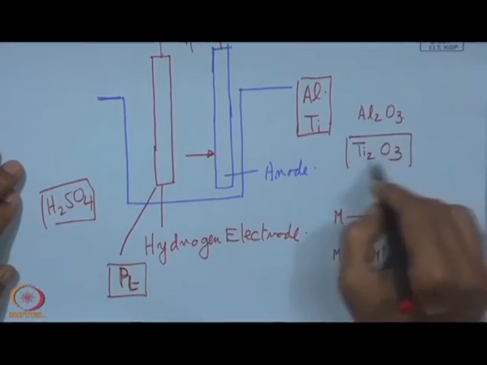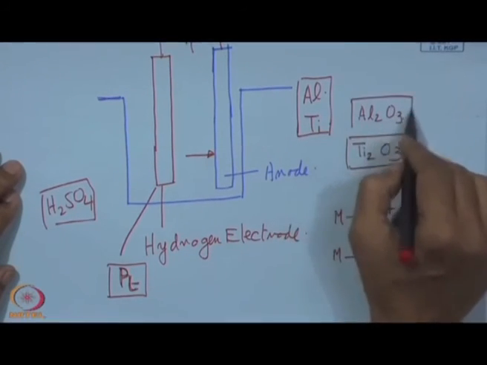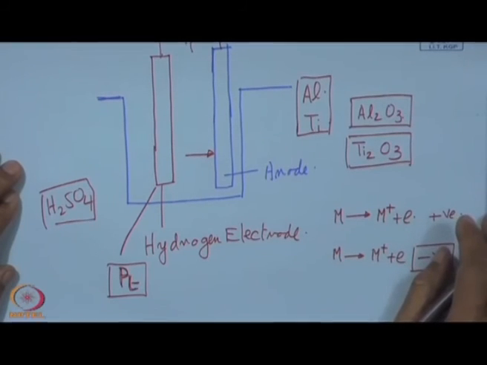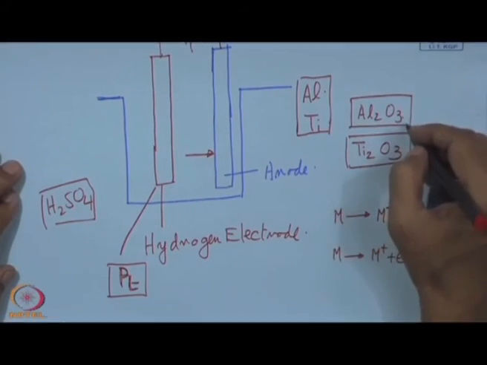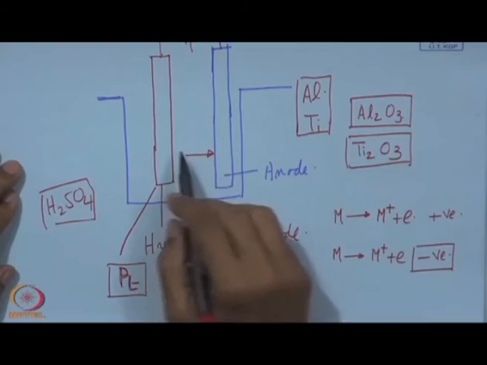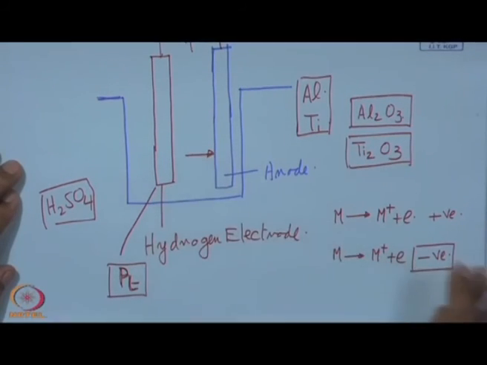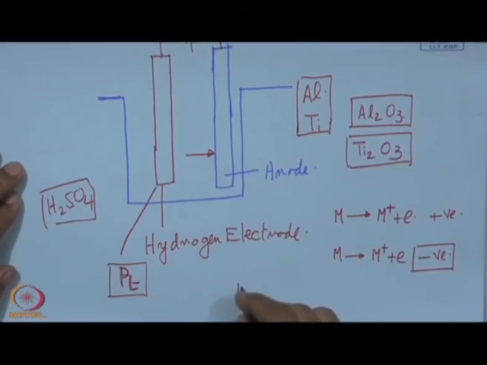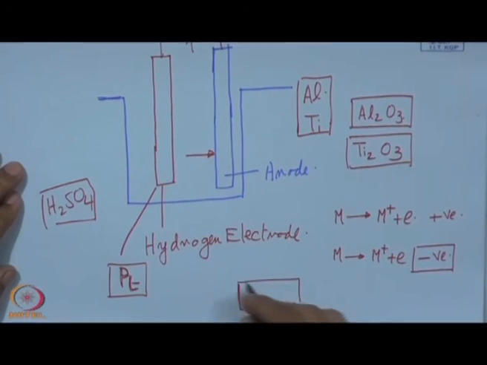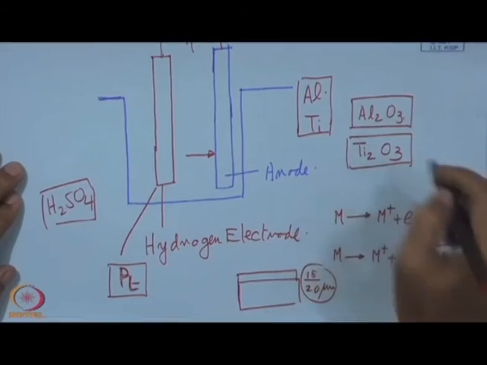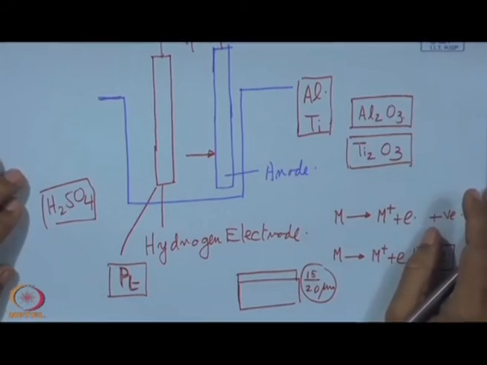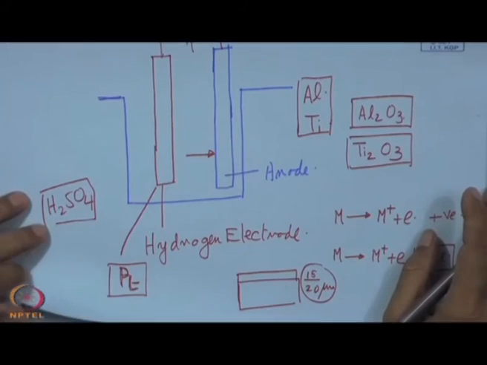The interesting part is that this layer immediately becomes a passive layer, and with this passivity no further reaction occurs. We can very easily get a thickness of say 15 to 20 micron over the surface, and that will become the oxide of aluminum, and that is called the process of anodizing.